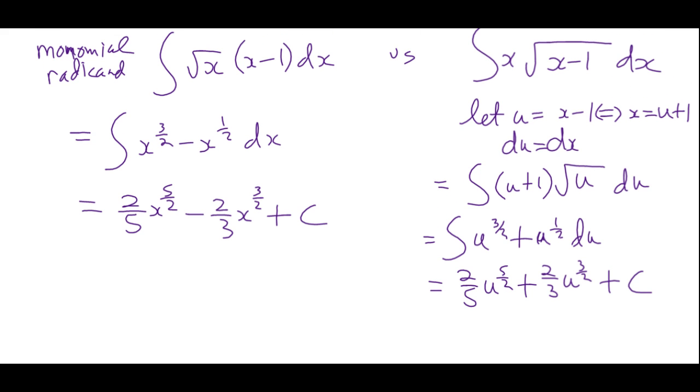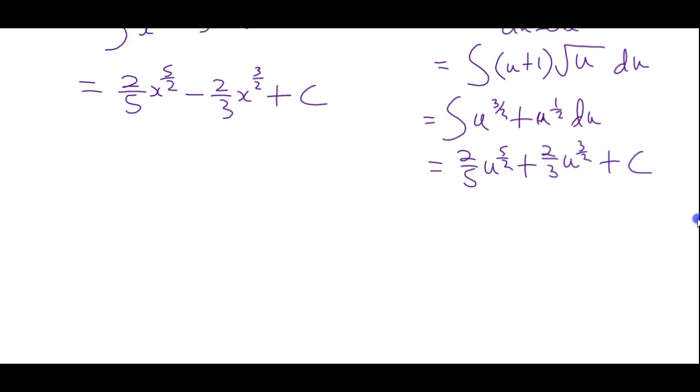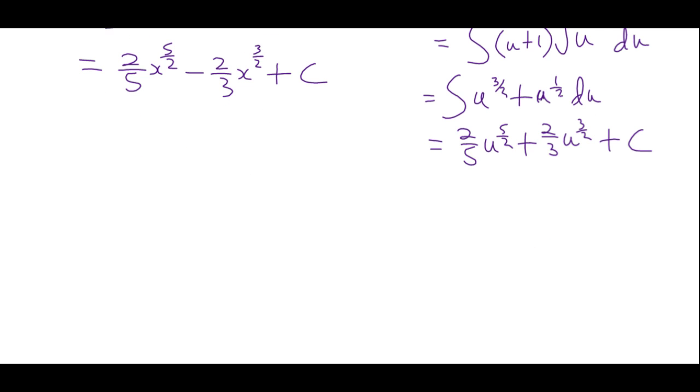Now we're going to have to replace the u. But before we just say u is x minus 1, we want to simplify this expression, so we're going to factor stuff out. Our lowest power of u is u to the 3/2. We also have a common factor of 2 in the denominator, so we can pull out a 2 u to the 3/2.